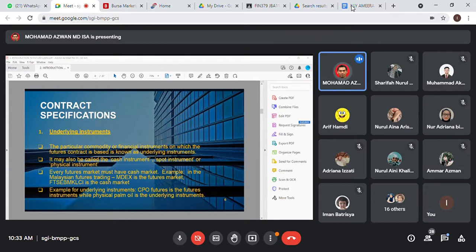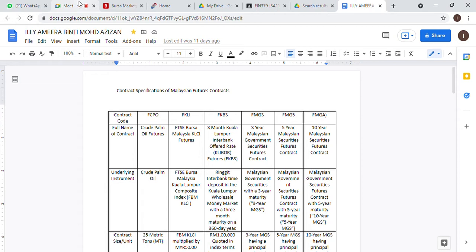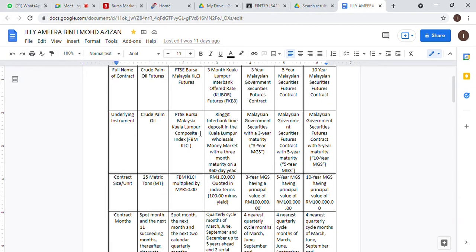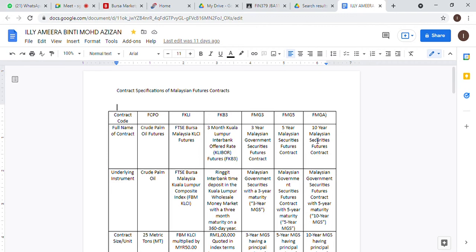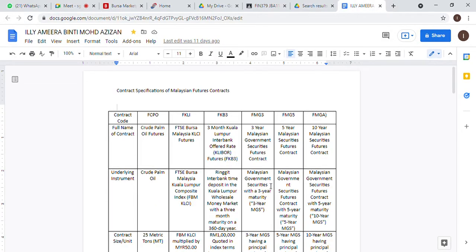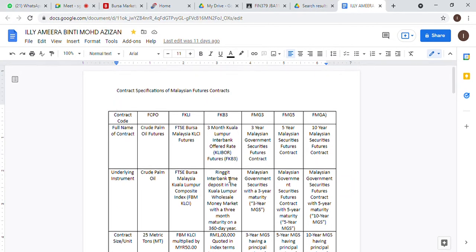Okay, KLCI for FKLI. What is the underlying instrument for FKB3? Itu FMG3. FKB3.